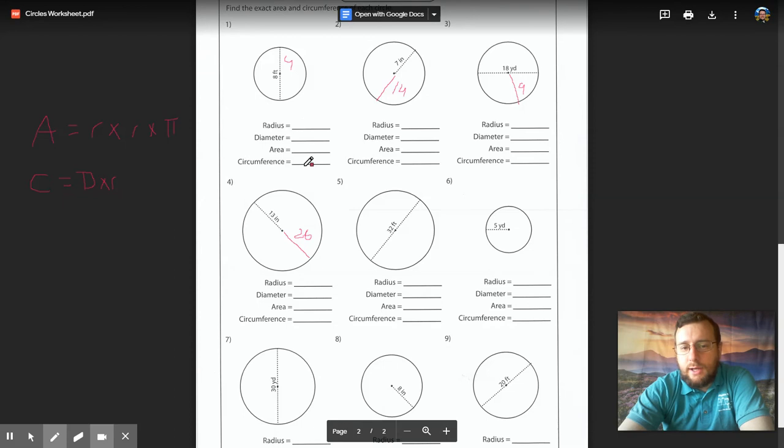Now, they kind of have you do that anyway, because you got to go through each one of them and add the radius and diameter. But the point is, on the test, even if it doesn't ask you to figure out the radius when you have the diameter, I would always take the time, just for kicks, to write down the one I don't get.